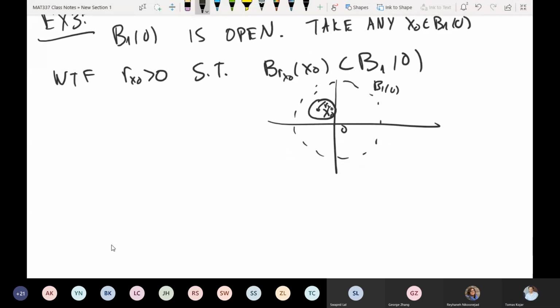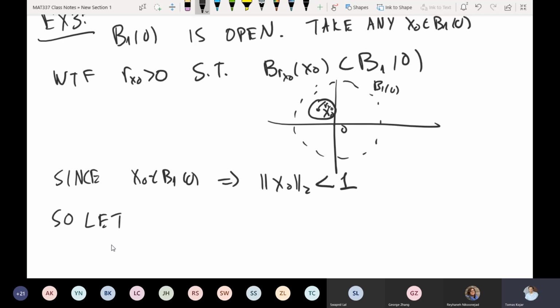Okay. So let's see. Since x naught is in this ball, we have that the norm is strictly less than 1. So let R_{x naught} be the distance halved.